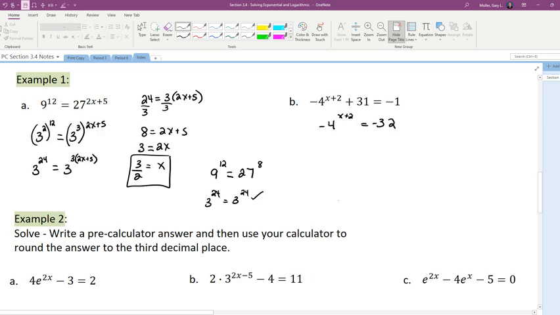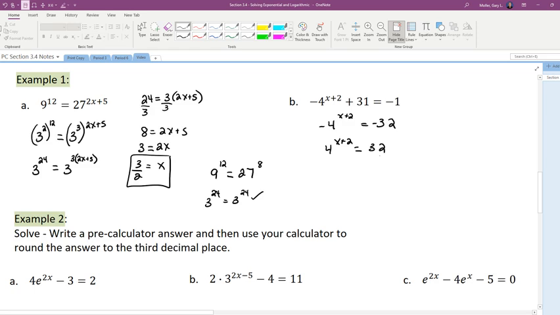That negative is never going to be part of the exponent, because remember, exponentials have to be, the x's are always going to be greater than 0 and not equal to 1. And so the negative is definitely on the outside. If for some reason it was included, it would have to be in parentheses. So long story short, I can divide by negative 1, giving me 4 to the x plus 2 equals 32.